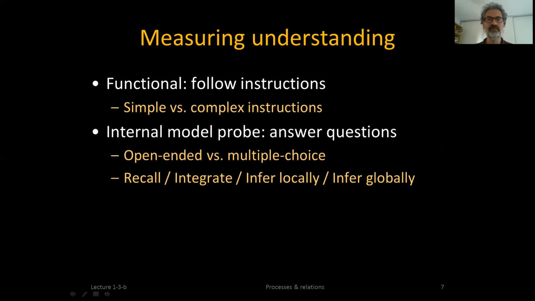A common way of assessing comprehension is to probe the internal model. That is, let someone read a passage and then ask them specific questions about it in order to figure out what their internal situation model is composed of, if it is complete, rich, and accurate. So you can ask open-ended questions or multiple choice questions to someone after they read a passage.